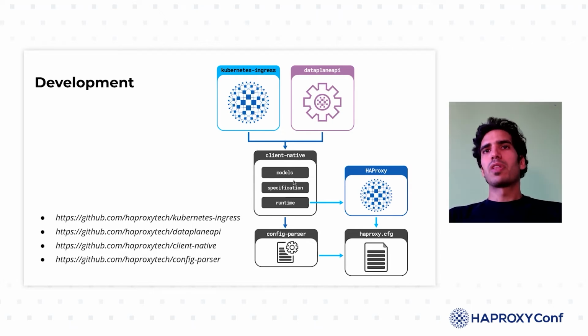And client native itself relies on config parser, which is the project that is responsible for parsing HAProxy configuration and making it available to the client native. So in the Kubernetes Ingress controller, we are reusing these projects to be able to introduce custom resources. We will see in the next slide how to do this.